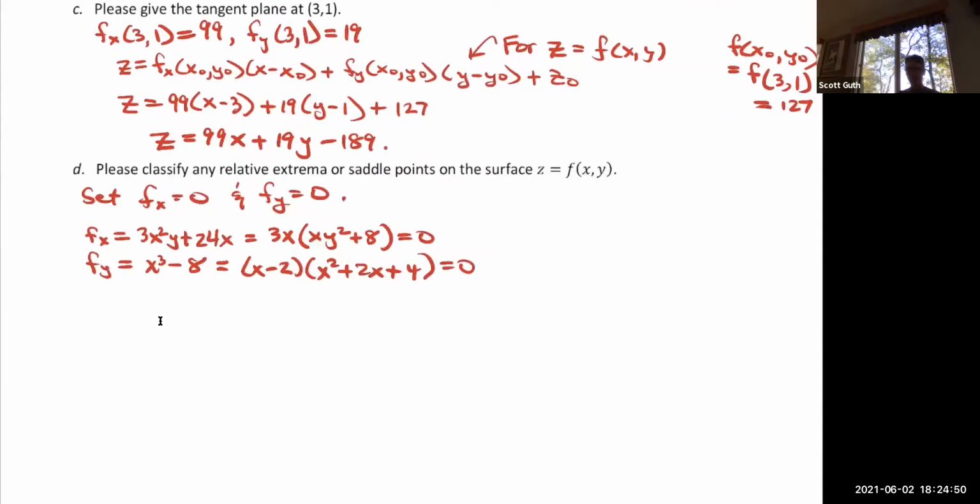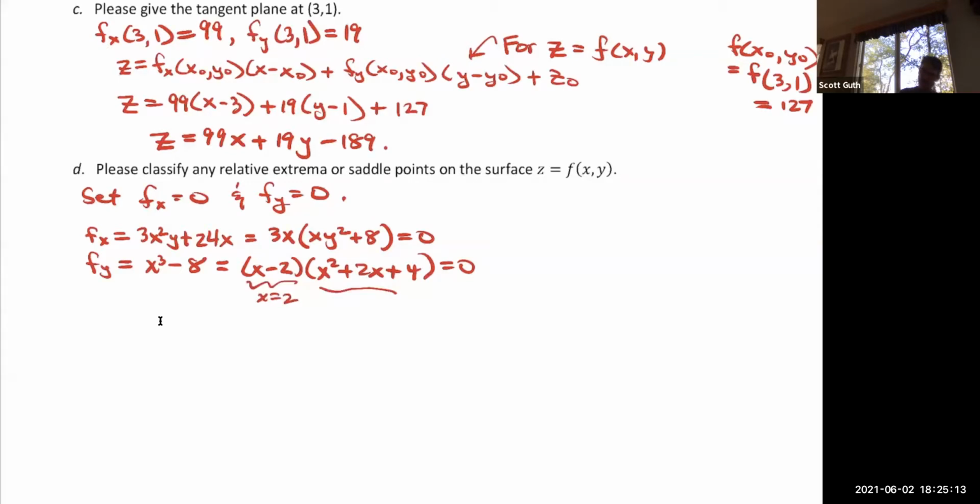Any questions? Looks like x has to be 2. And that's the only possibility, because here you get x equals 2. Here, x is imaginary.